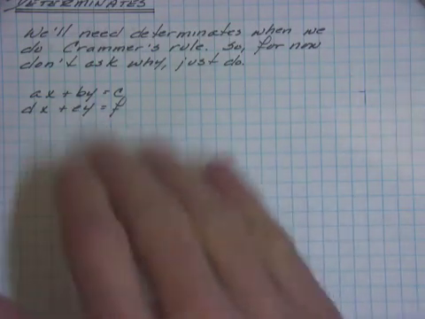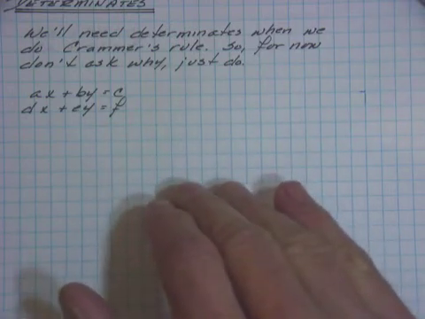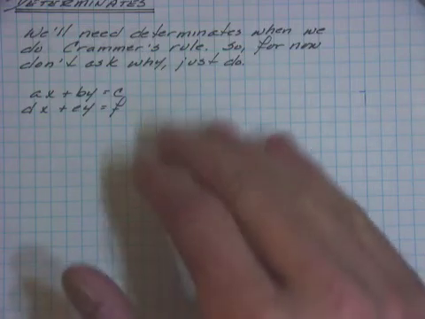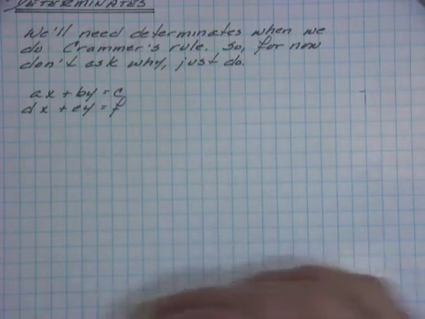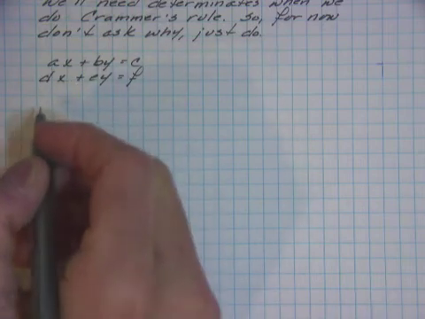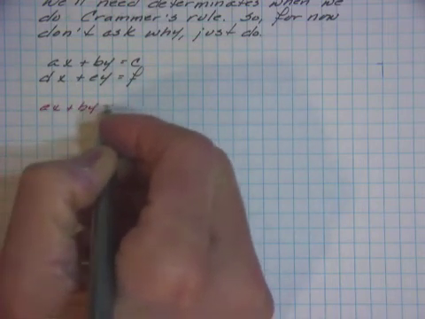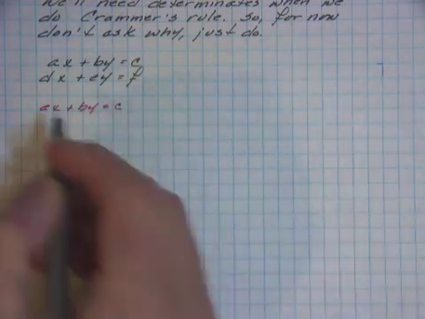What I'm going to do is solve these systems by substitution, and I'm actually going to get down to the end where it says y equals and x equals. All right, so let's start over here. I'm going to do this in two columns. I've got ax plus by equals c.